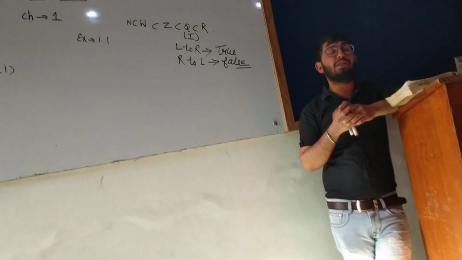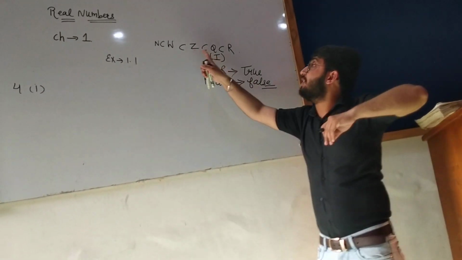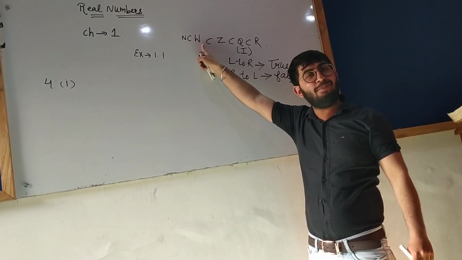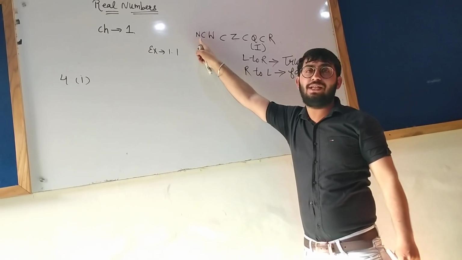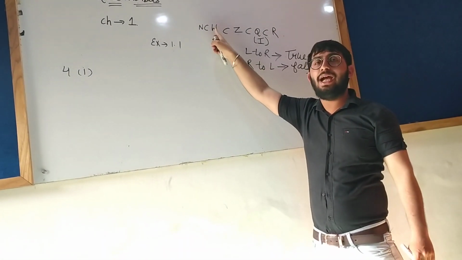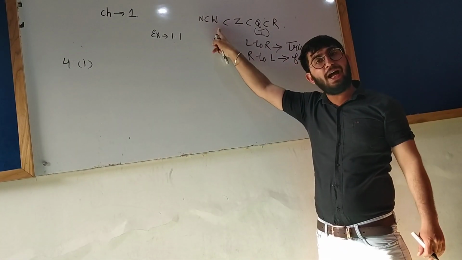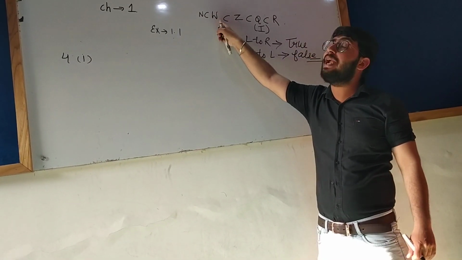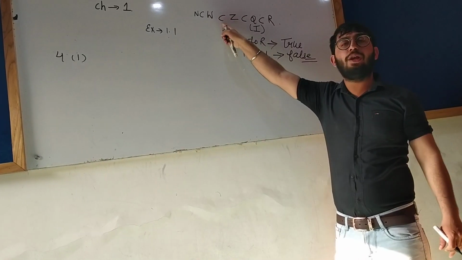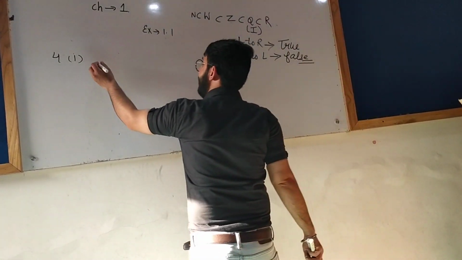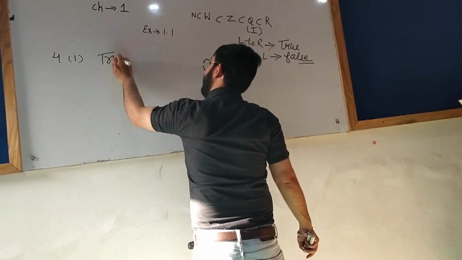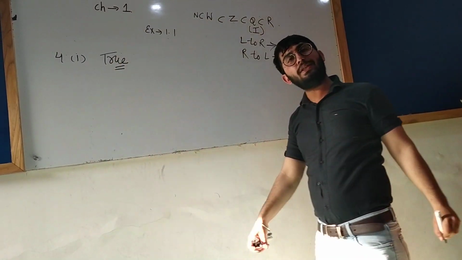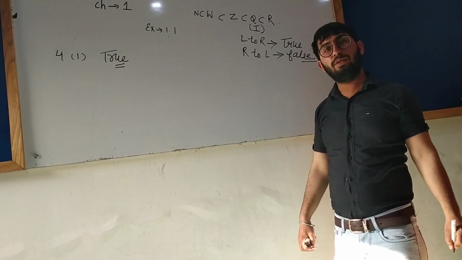I am reading the first part. Every natural number is a whole number. As we are going from left to right, all natural numbers are whole numbers. Therefore, it is true. Why is it true?